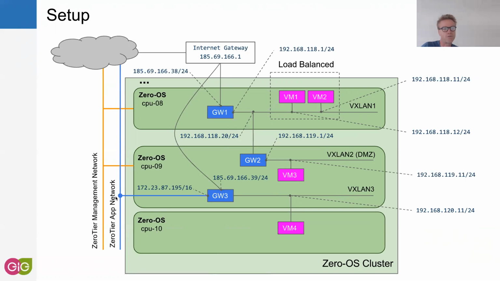It's pretty straightforward if you think about it, because we use ZeroTier for that. I just wanted to show you how you do that, both in the configuration of the gateway and in the configuration of your personal computer, because you will need to add a route towards that VXLAN. That's what I will be showing you.